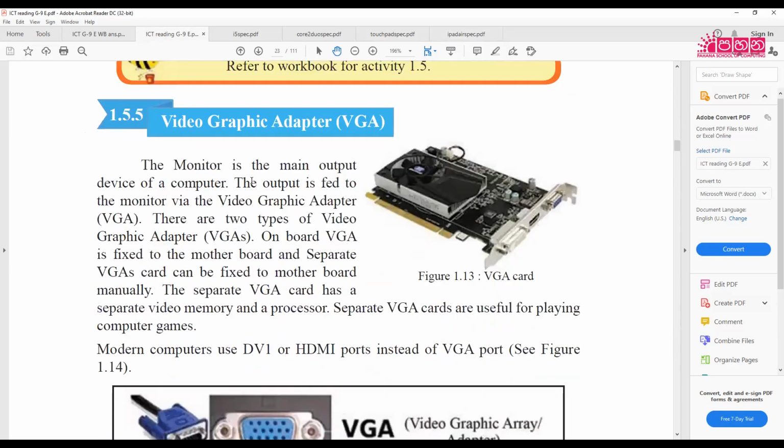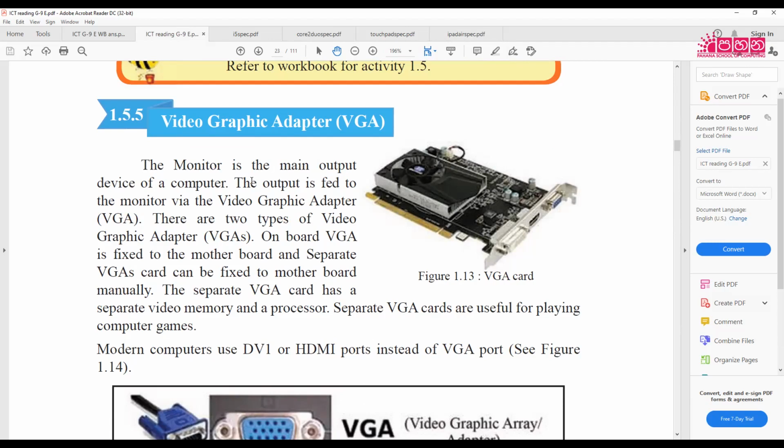Then the display adapters. You know that when we have a computer, to see what's happening inside, we have to connect it to a monitor. When you want to connect a monitor, you have to connect to what we call the video graphics adapter card.